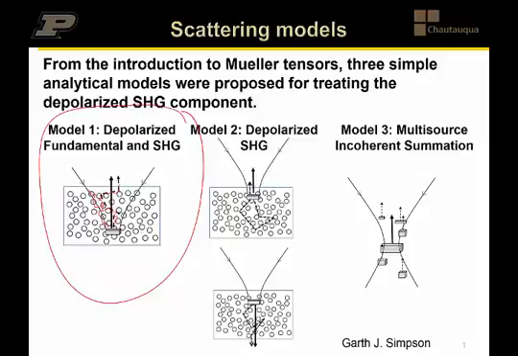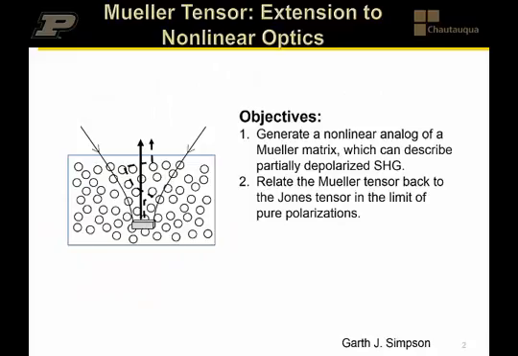So in other words, you get a completely flat polarization independent contribution to the background from depolarized SHG in combination with a nice cleanly polarized SHG, and your net measurement is a linear combination of those two contributions. So that's what we'll be considering here.